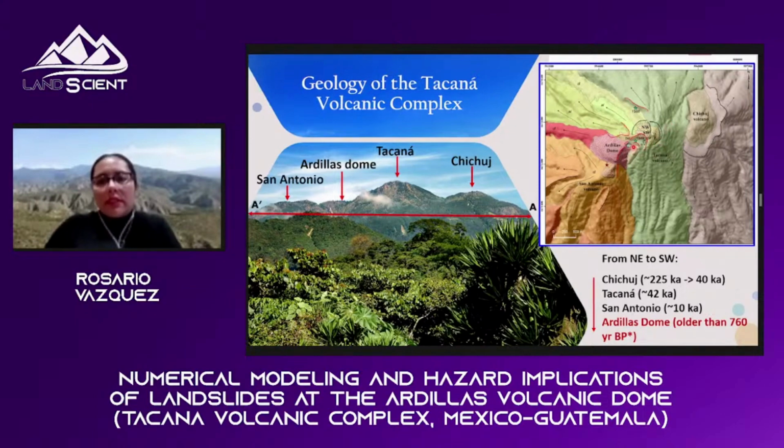And we also see this little polygon colored in blue that we think was probably originated by the explosion of the eruption of 760 years before present. So it is also at one side of the Ardillas Dome.